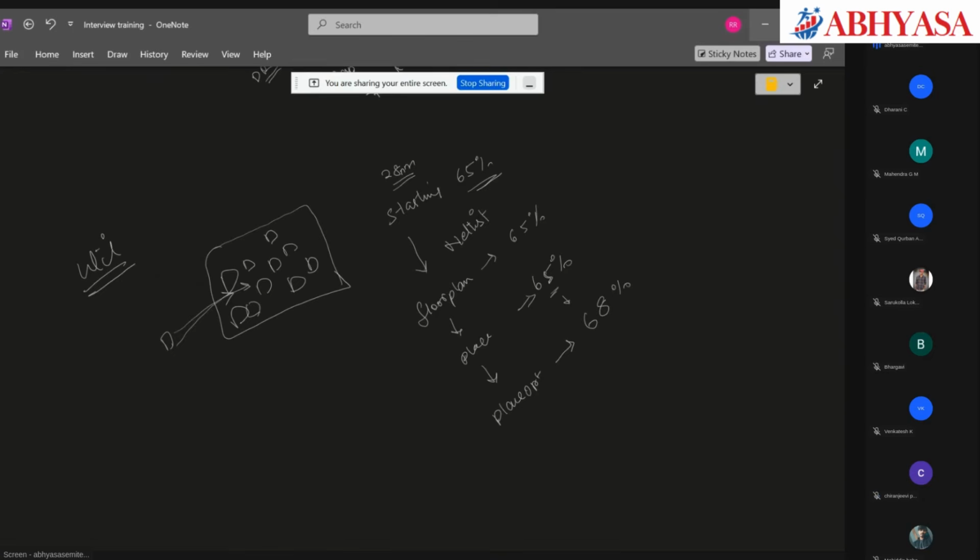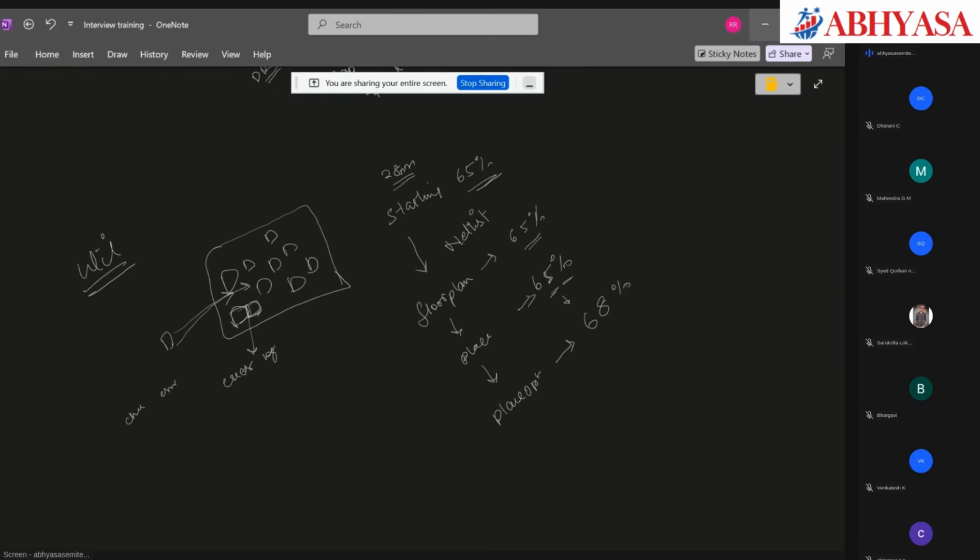Overlaps per se will not affect utilization. That's a good point, Chiranjeevi. So what will overlaps show? Overlaps will show an error in the log file, or if you do check place, it will show errors that there are overlaps.